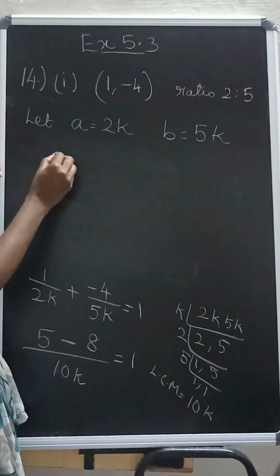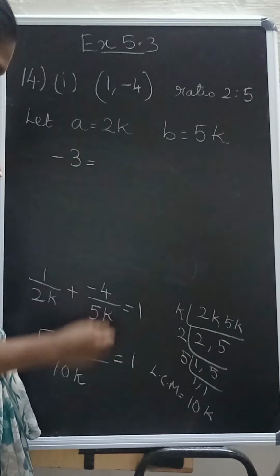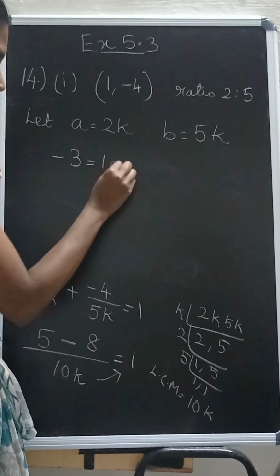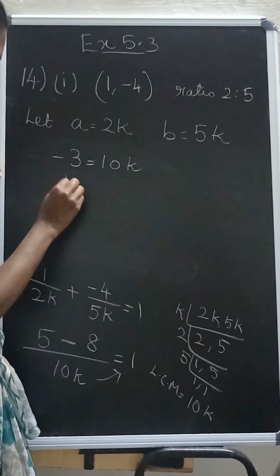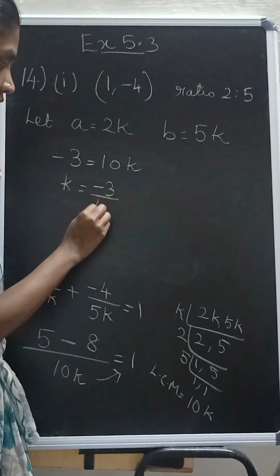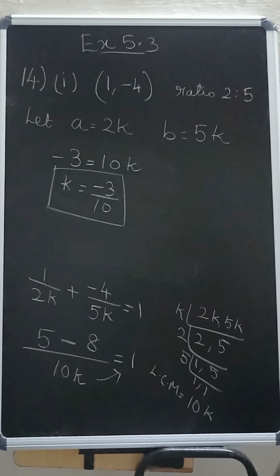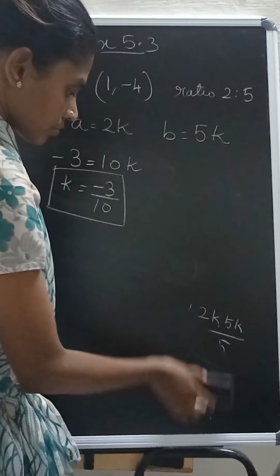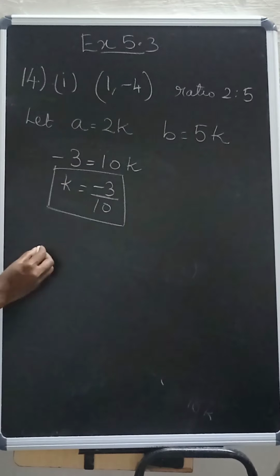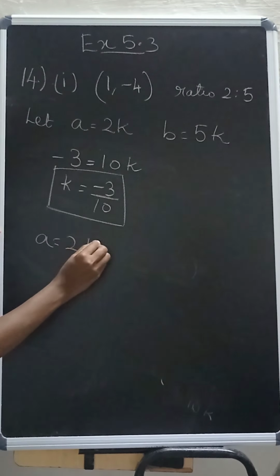Now, minus 3 is equal to 10k. k is equal to minus 3 by 10. Now you get a is equal to 2k.